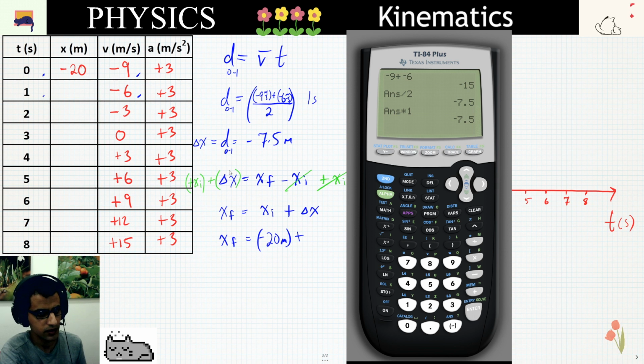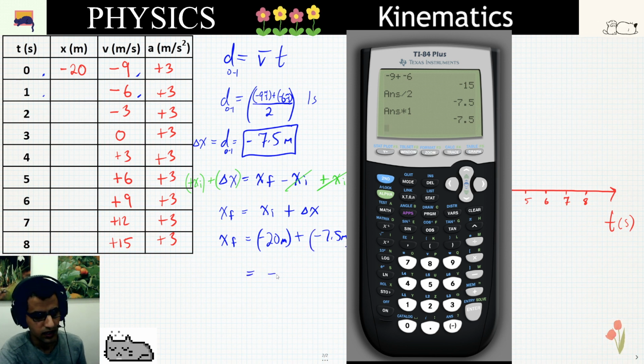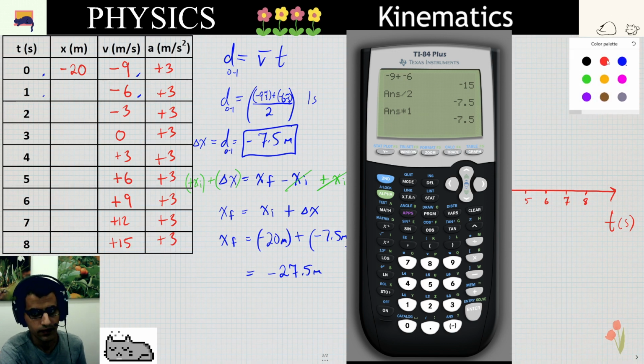Add the displacement, which we just found out is negative 7.5, and we will get negative 27.5 meters is our next data point that goes in here.